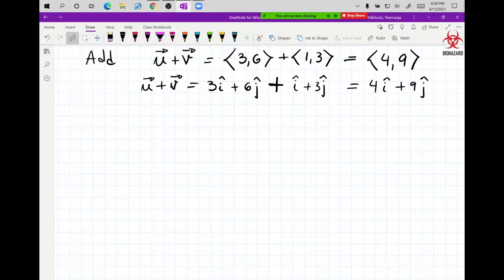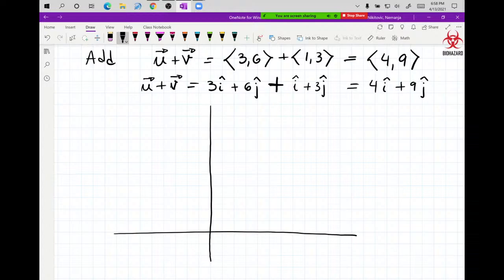We'll need a little bit more space on top because we have to go all the way up to 9. And we don't have any negatives, so I hope this is going to be good enough. And we're going to draw our two vectors. The vector 3, 6. 1, 2, 3. That's my i vectors going 3 to the right. And then j vectors 6 up. 1, 2, 3, 4, 5, 6.